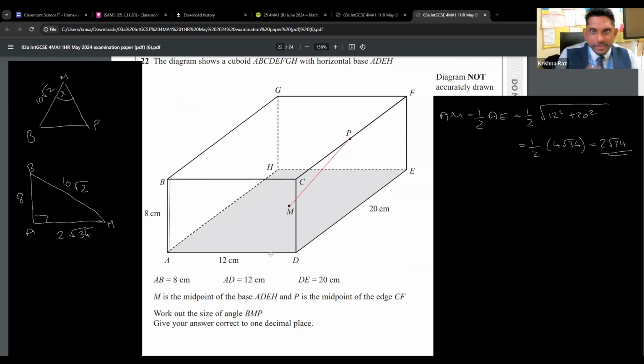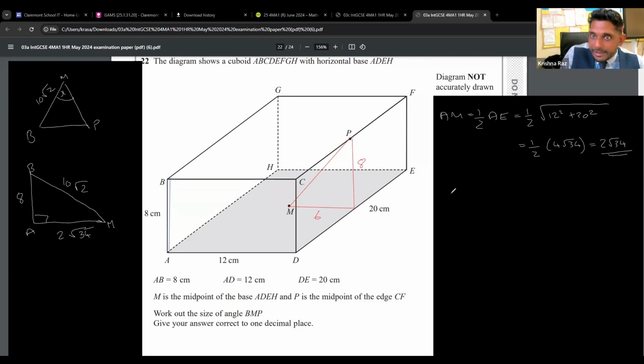Yeah, and that's that midpoint there. So we could create a triangle here and here. So suddenly we know the height is 8, and that base length must be 6. Job done.